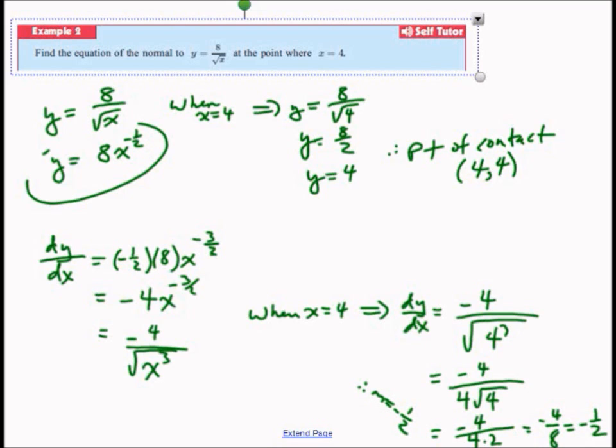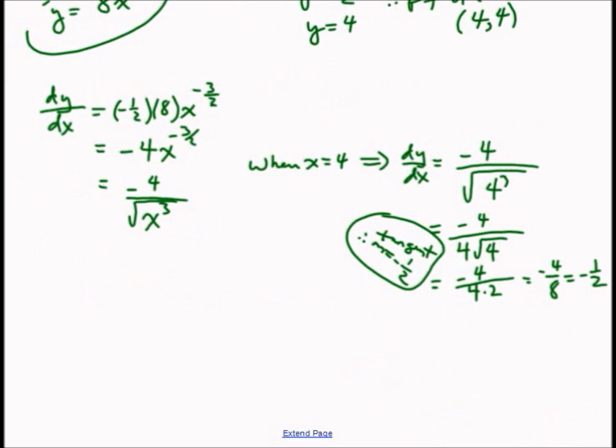The slope of the tangent is negative 1/2. Therefore, the slope of the normal is positive 2 over 1, positive 2, and we can determine the equation: y equals 2x plus b.